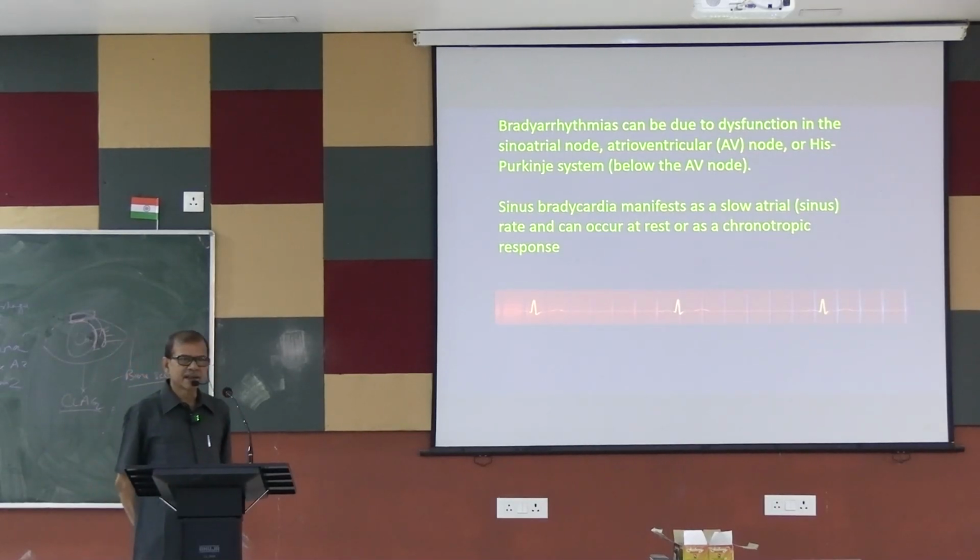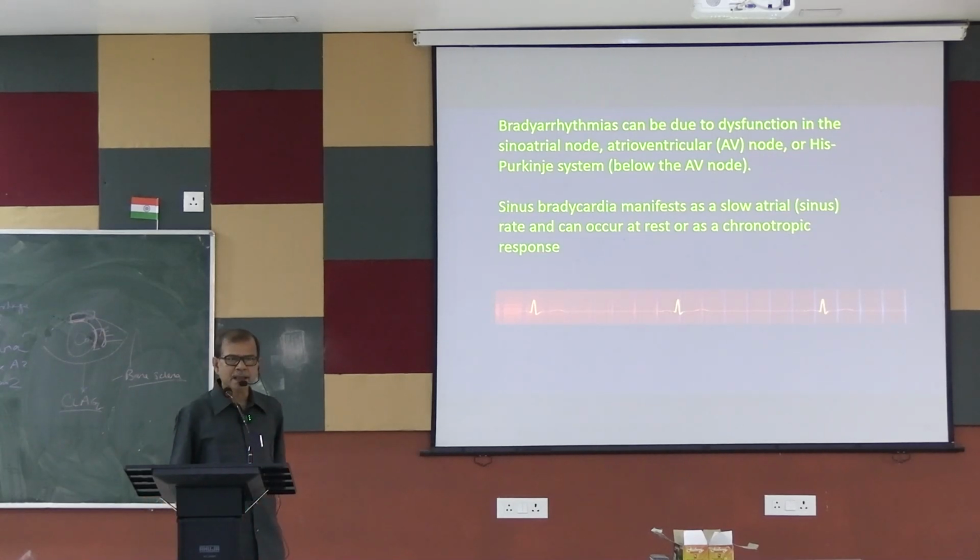Automaticity, triggered activity and re-entry phenomenon should be discussed before the lecture related to tachyarrhythmia. Today I want to discuss bradyarrhythmia. Here, failure of impulse formation and nerve propagation is responsible for bradyarrhythmia.